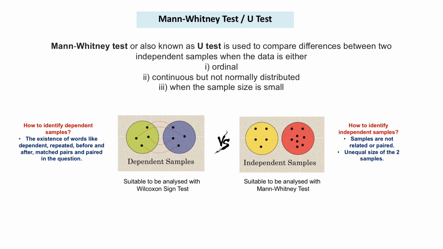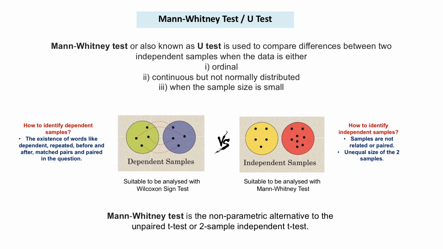So the test that is used to analyze independent samples is the Mann Whitney test, which is our focus in this tutorial. Another piece of information about the Mann Whitney test is that it is the non-parametric alternative to the unpaired t-test or two-sample independent t-test.